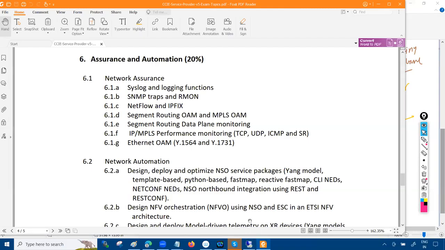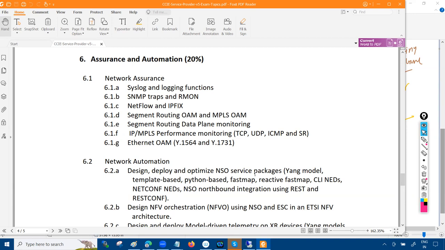You just need to do the RDP, and once you do, you reach the EVE-NG directly. It is available 24/7, though sometimes there are power issues, like heavy rain, so it may go off, but most of the time it's on. You can do the lab on this server as well.